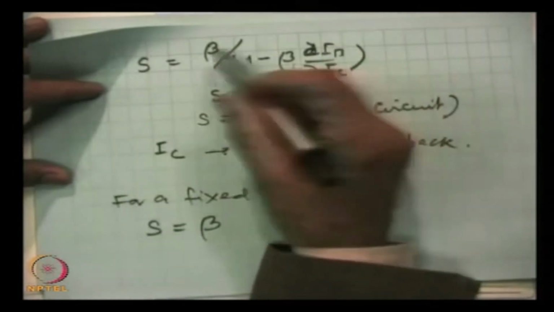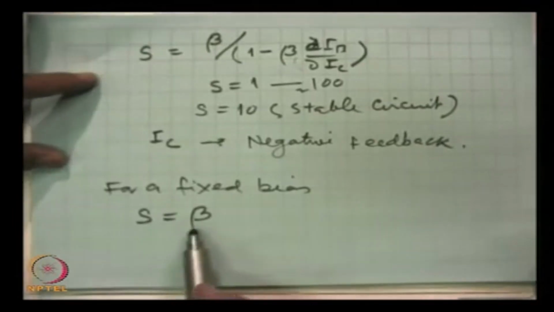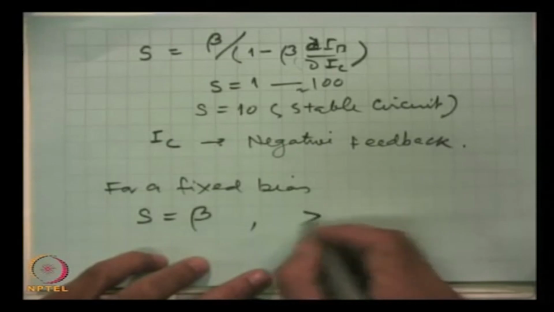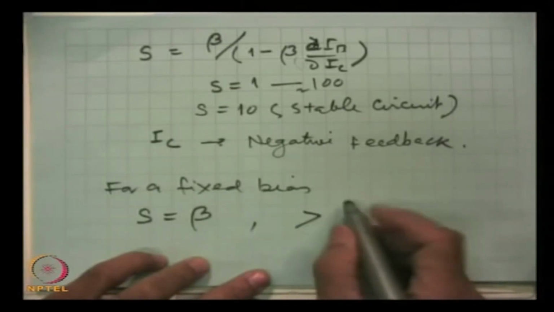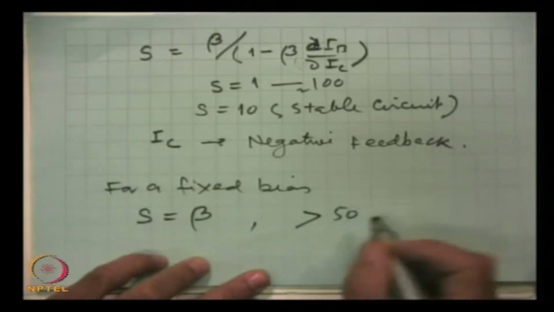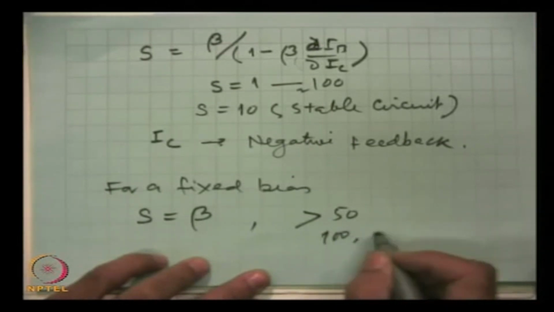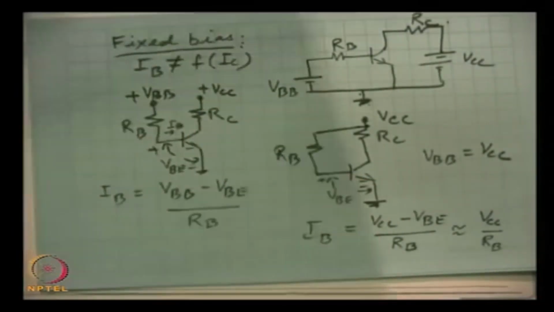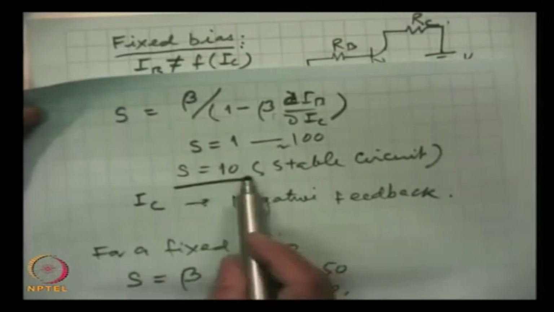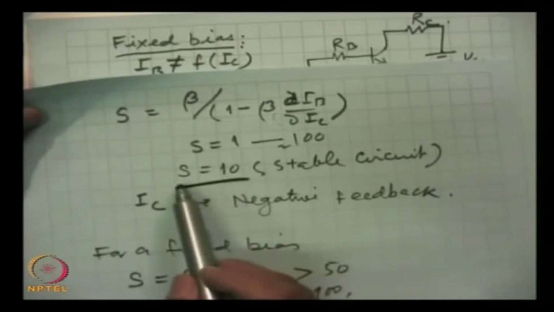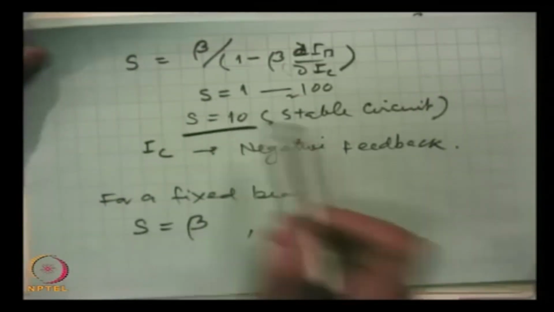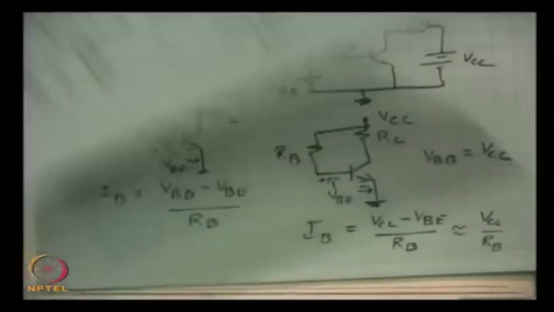If this is 0, then S is equal to beta, and beta is high. Definitely for all practical transistors, beta is higher than 50, and normally 100, 200 and so on. So, this is a highly unstable circuit. I have mentioned here that for stability this factor S should be around 10, but equal to beta is very high.